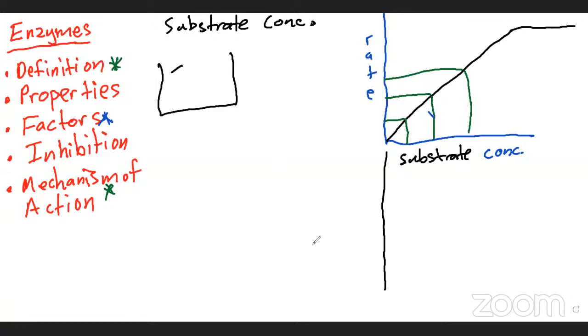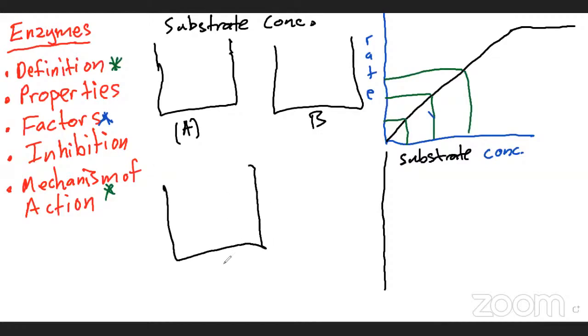Now, with this one, the enzyme concentration is going to stay constant, and we're going to increase the substrate concentration from one to the next. All right, so this is container A, this is container B, this is container C. I'm going to do 3 containers.